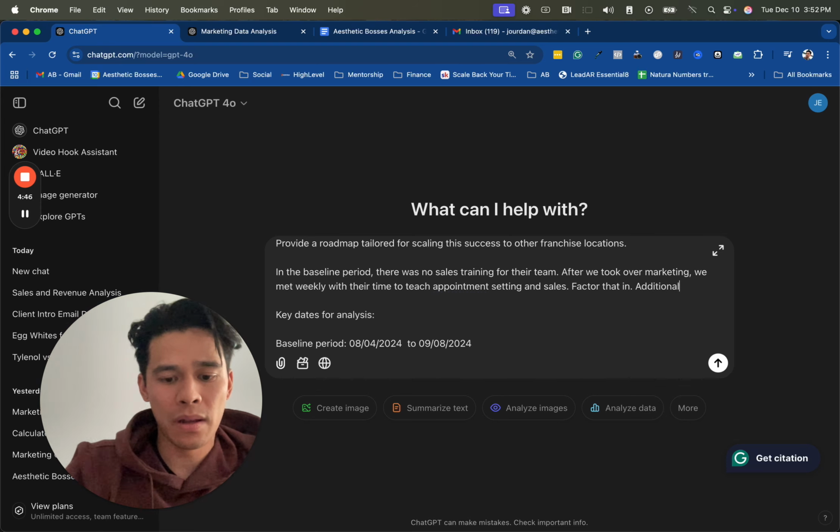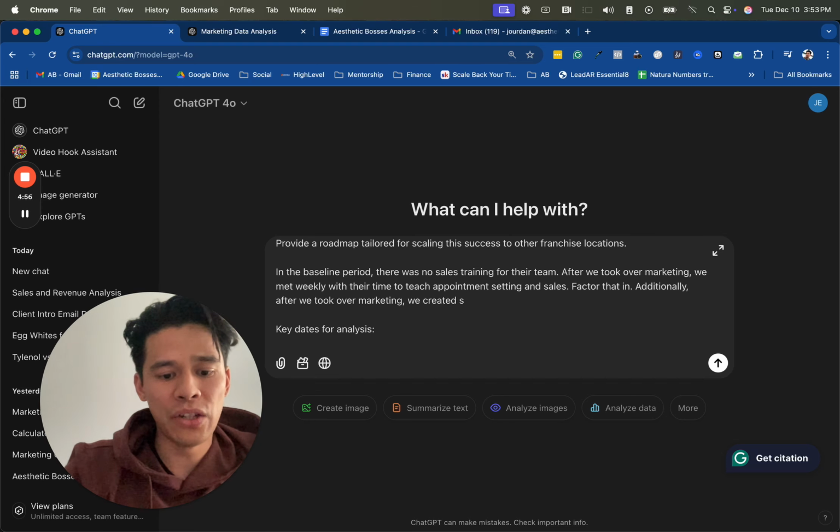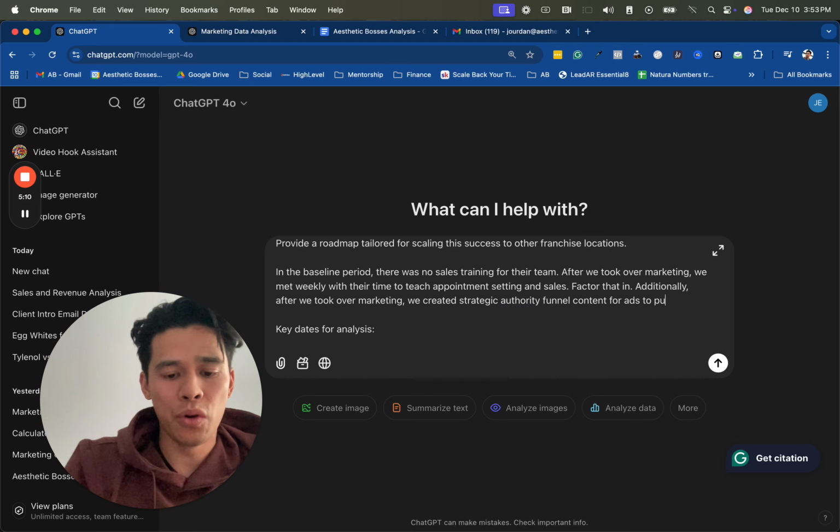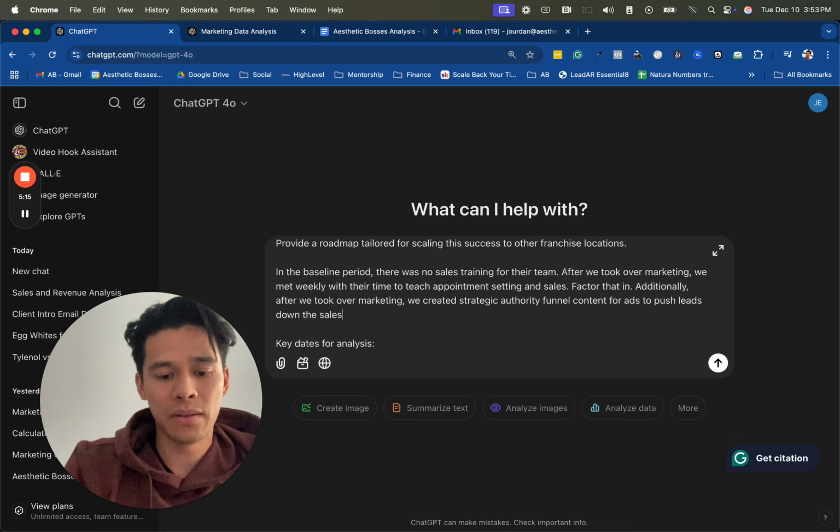Additionally, after we took over marketing, we created strategic authority funnel pieces of content for ads to push leads down the sales cycle for a buying decision.